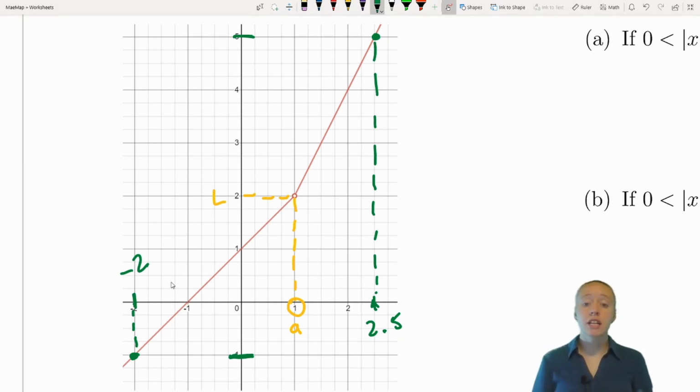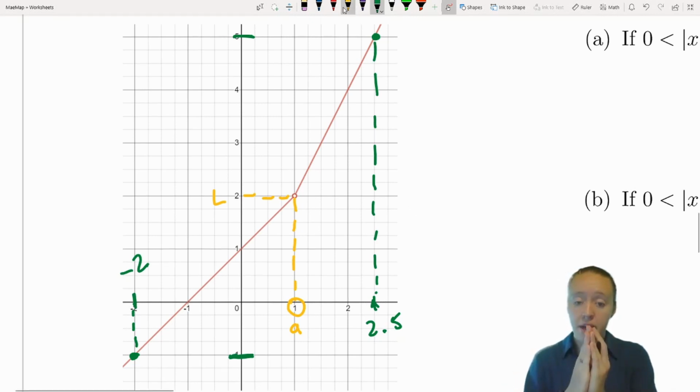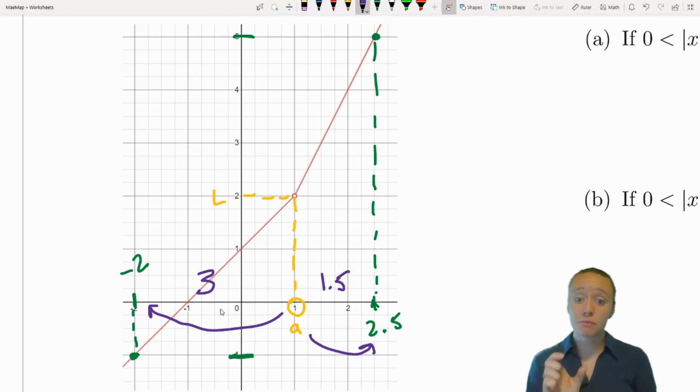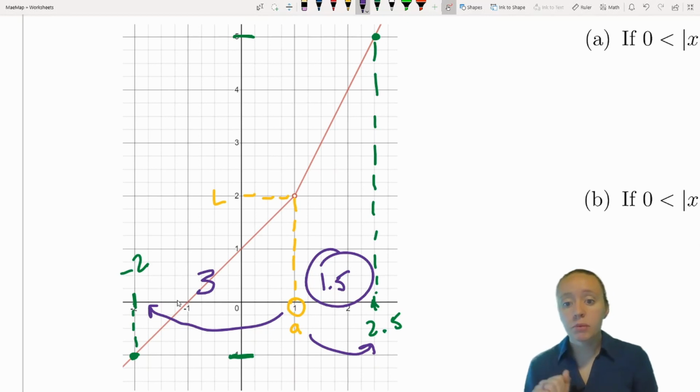And remember, I'm trying to find that delta value. So what's my change from a? What's my distance from a? Well, this distance from a to 2.5, 2.5 minus 1 gives me 1.5, whereas this change from 1 to -2 is a change of 3. And which one am I taking? I'm taking that smaller delta value because that will hold true even when I go to the left.